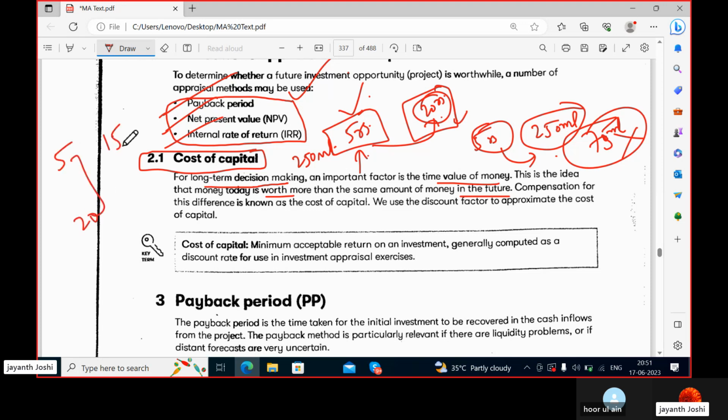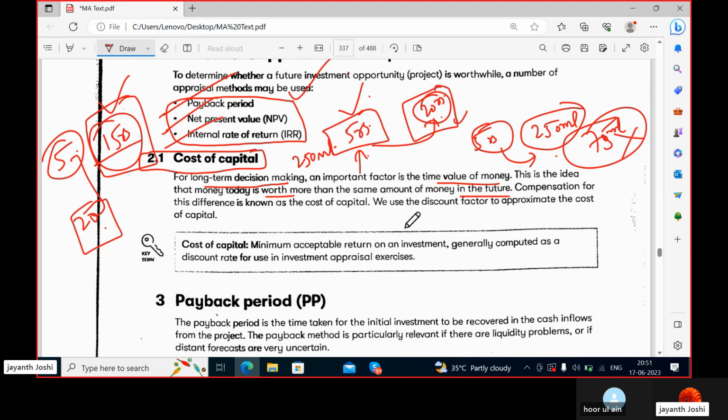So 15 rupees is the difference we can see. This 15 rupees is what we want to make this 5 rupees worthy for today. That means if this 5 rupees has to become 20 rupees, we want a compensation or extra money of 15 rupees. Then only we can buy Pepsi today.